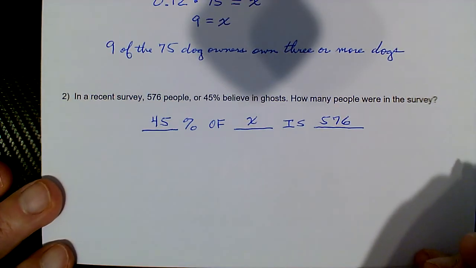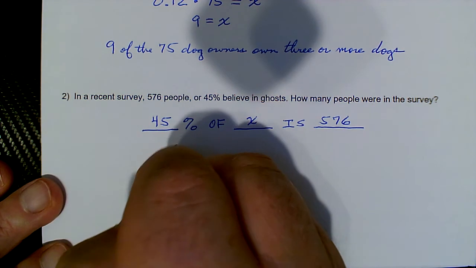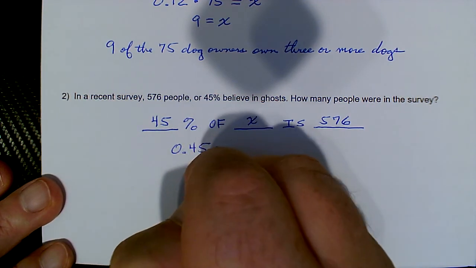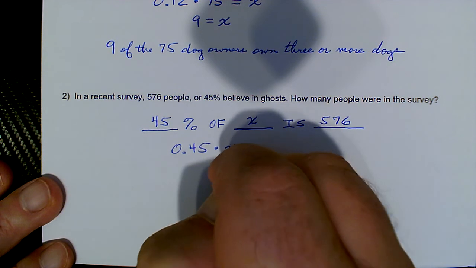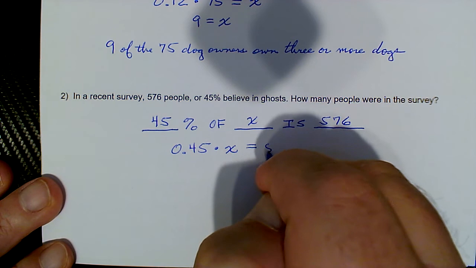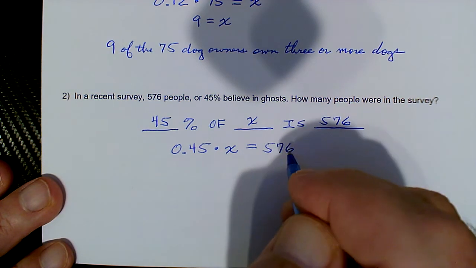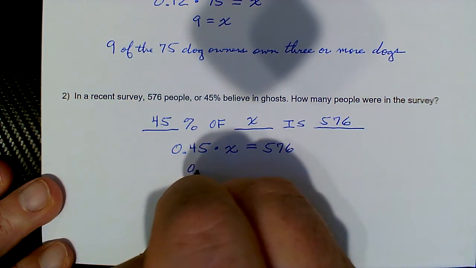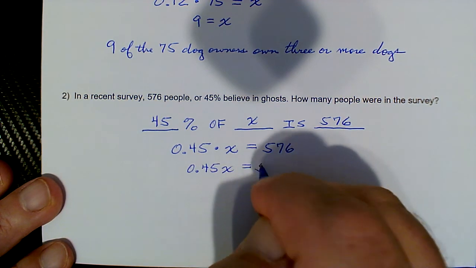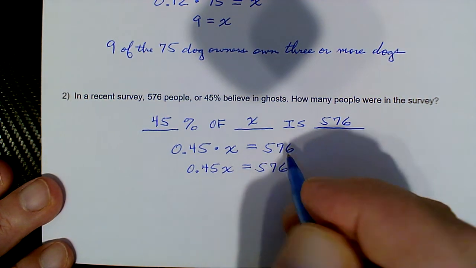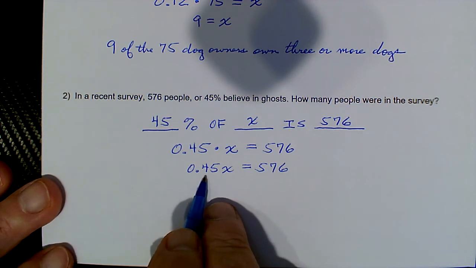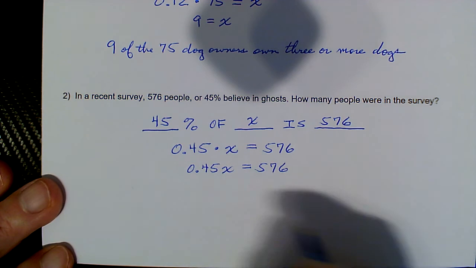Okay, and then again we translate to a mathematical sentence. Percentage changed to a decimal, 0.45. Of means multiplied by, so x is means equals 576. I really don't need the multiplication symbol in there. I'm going to rewrite it without the multiplication symbol, because it's understood when we write 0.45x that it means 0.45 is being multiplied by x.